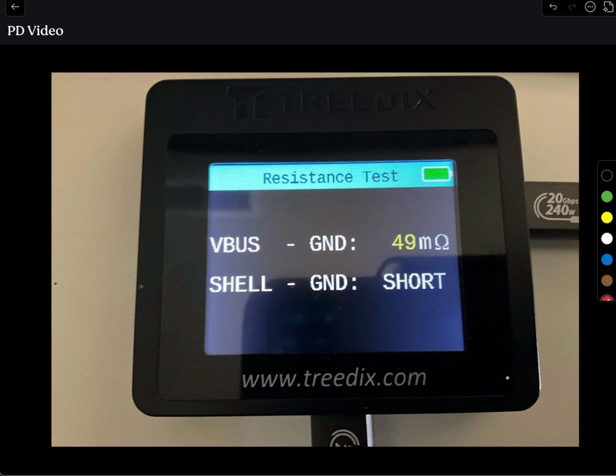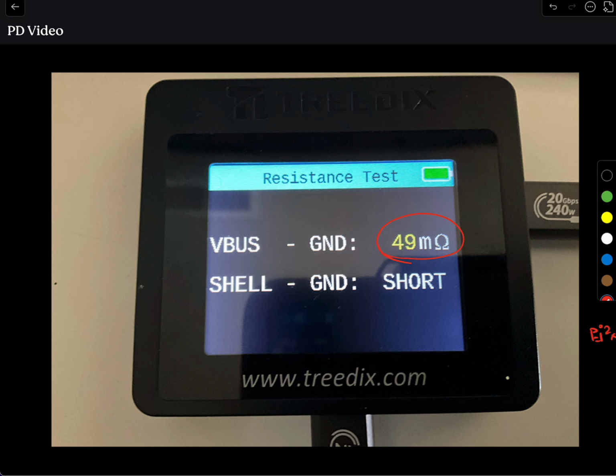This basically tells you the resistance, remember we were talking about power equals I squared times R. Well, this is the resistance of the actual cable. This is a very short cable that I have in here and has only 49 milliohms.